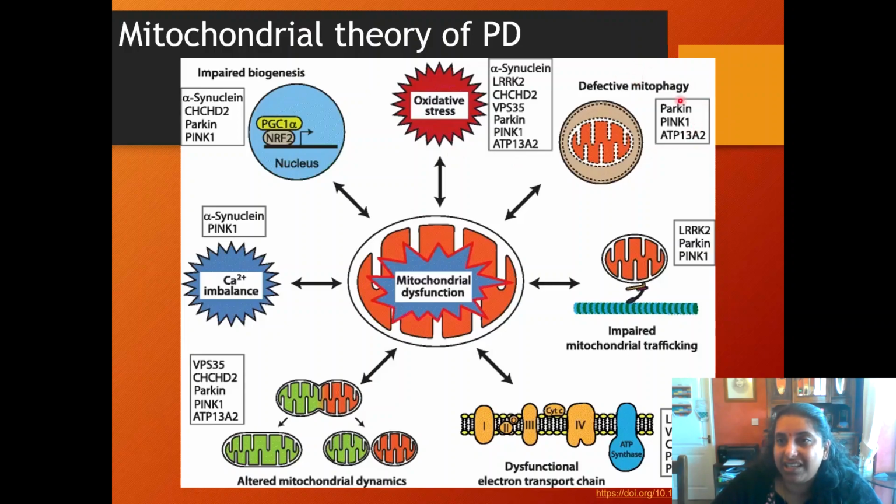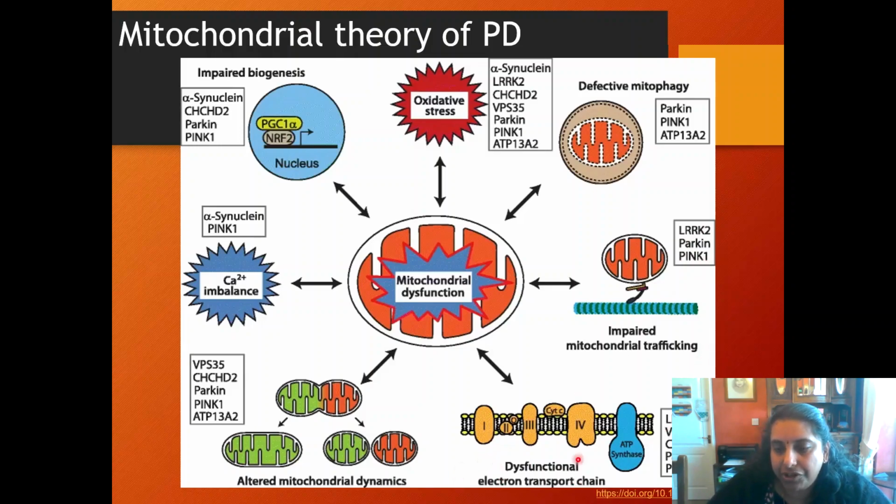Defective mitophagy, I said that Parkin and PINK1 are thought to be involved in that. Impaired mitochondrial trafficking, I told you that microtubules are necessary and trafficking along microtubules is important for neurons and axons particularly because they're so big. So these proteins, LRRK2, Parkin, and PINK1, might be involved in this.